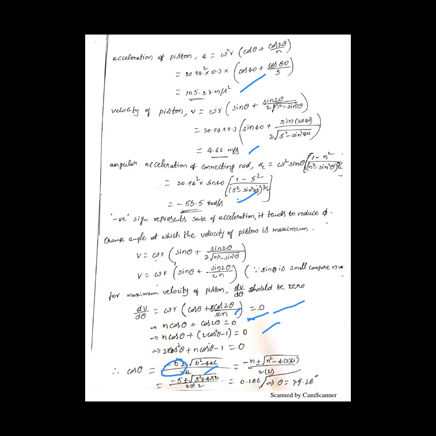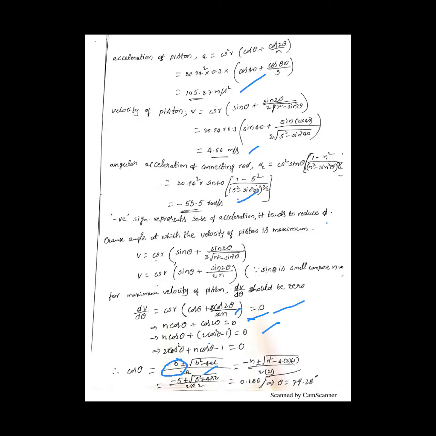For getting the unknown value cos theta from this second order equation, we use the formula minus b plus or minus square root of b square minus 4ac, by 2a. Just substitute the values: a is 2, b is n, and c is minus 1.